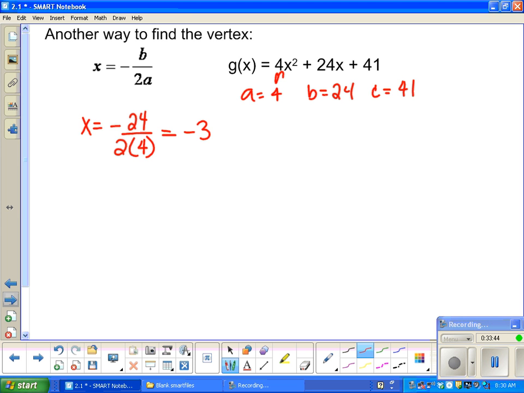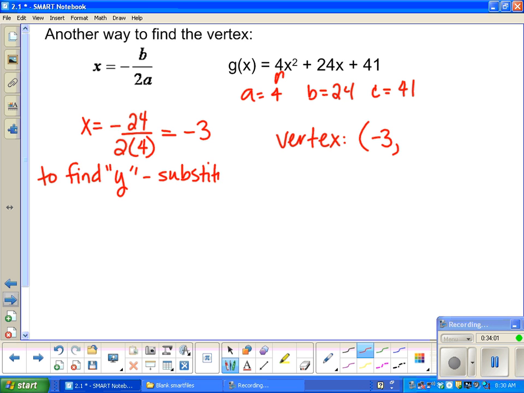So in my vertex, my x is -3. To find the y, we have to substitute. So we're going to find g of -3.